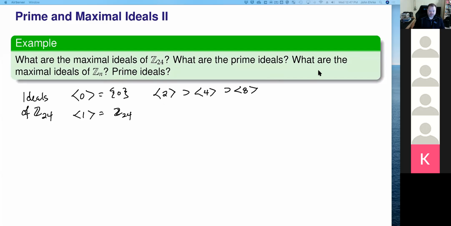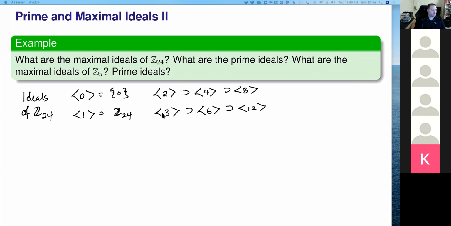If you were to do this again for 3, it contains all of the multiples of 6, which contains all of the multiples of 12.